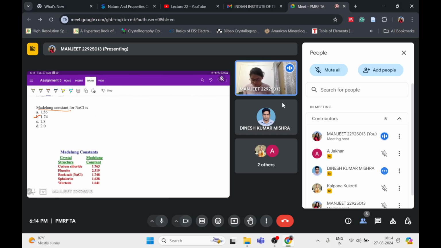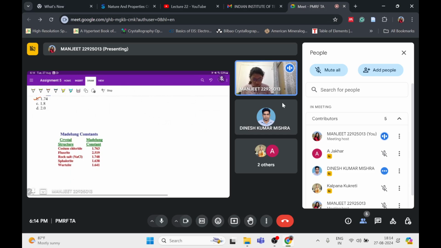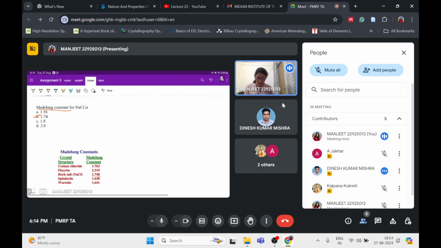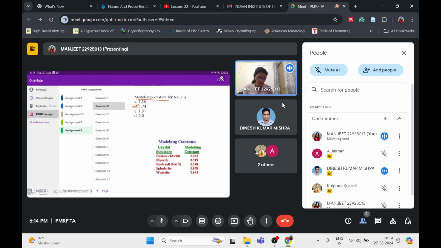I have listed it for the different crystal structures also. For cesium chloride it comes out to be 1.76. Fluorite is 2.519, NaCl has 1.748, sphalerite is 1.638 and wurtzite is 1.641. Okay, so this is about the Madelung constant, and you have to remember these values.